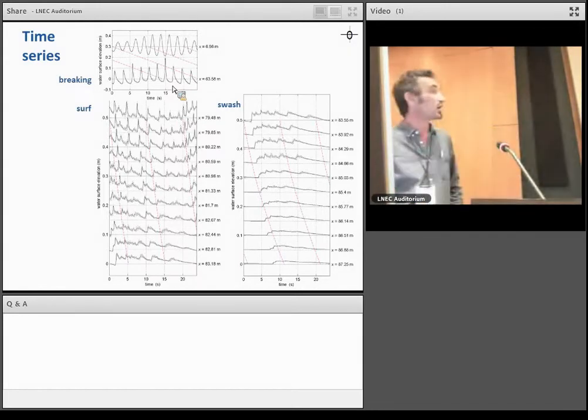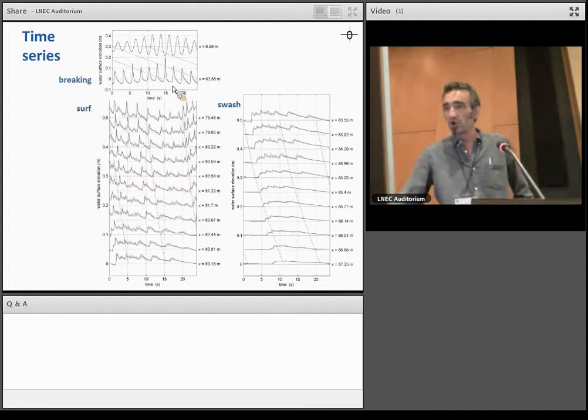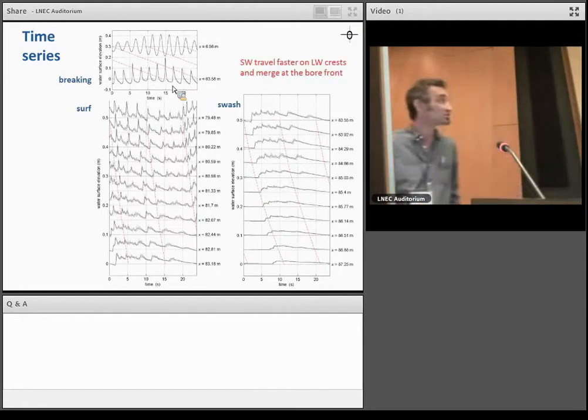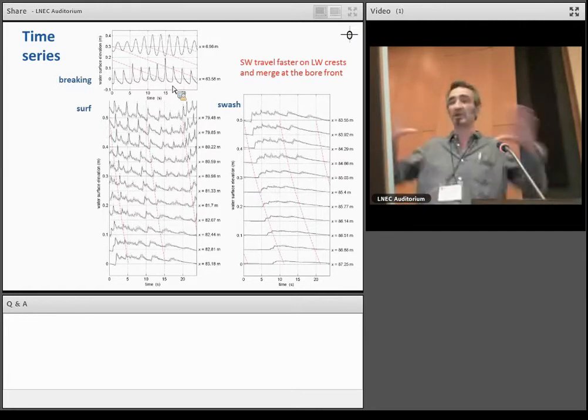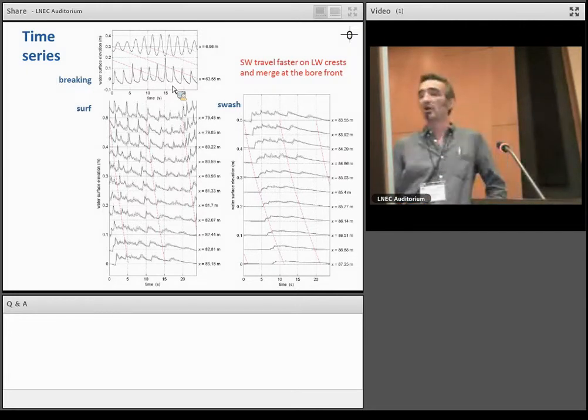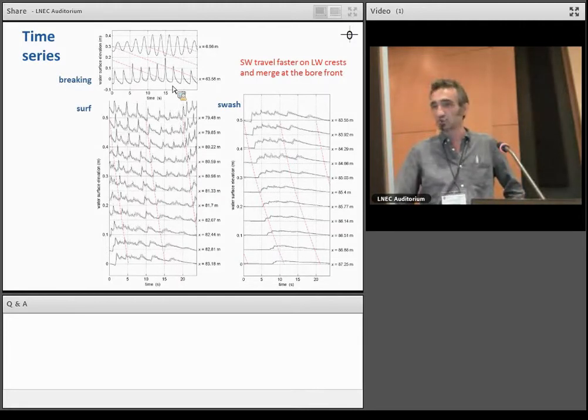To go a little bit further, we compare the measurements with a Boussinesq-type model, the SERR-D model. Time series measurements of free surface elevations are in the gray thick line, in the breaking zone on top, in the surf and the swash at the bottom.